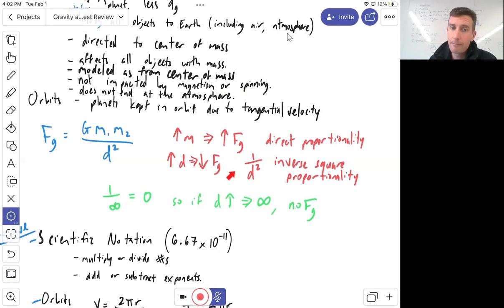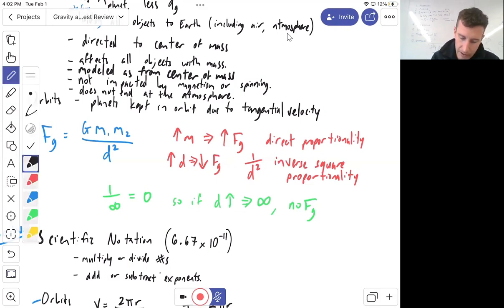If we make that bottom part, the distance, infinity, 1 over infinity squared is effectively 0. So if you can make the distance infinite, then there would not be any force of gravity. I mean, there still would be a little bit of force of gravity, but we could effectively treat it like 0. So to make no force of gravity, you would need to move those things infinitely far apart, increase the distance so much that they effectively don't interact with each other.